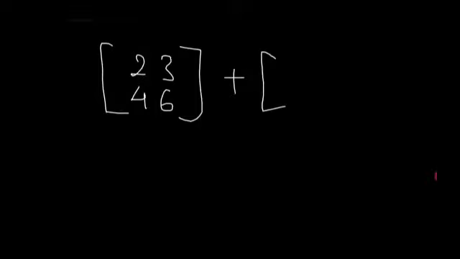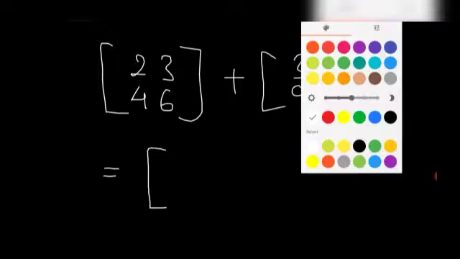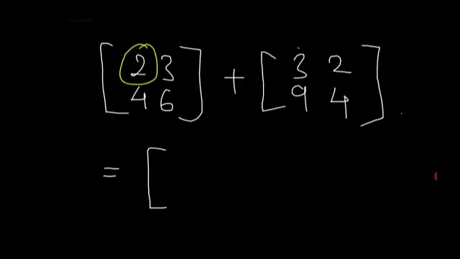Let's take an example. 2 3 4 6 plus 3 2 9 4. Now how to add this? Simple addition, nothing but you do that. You take the first spot, you just add it.